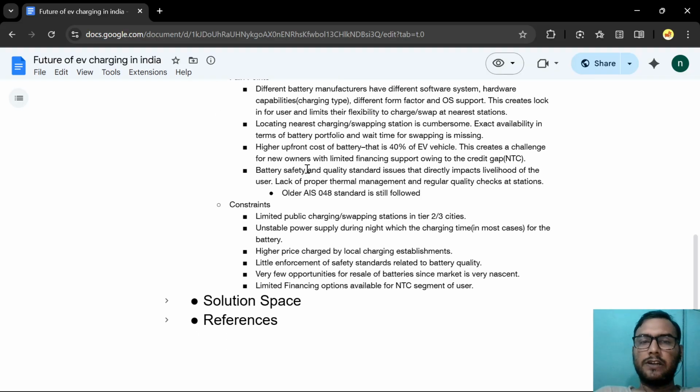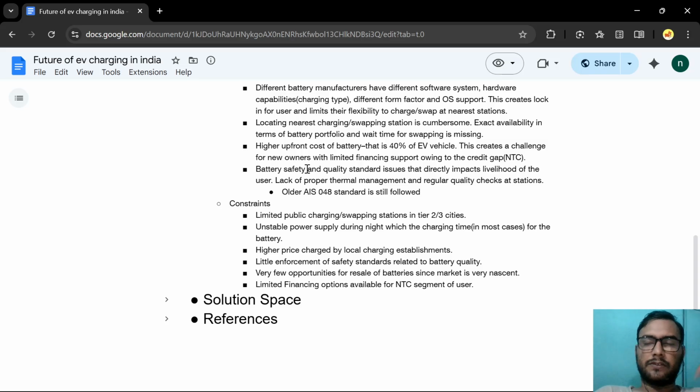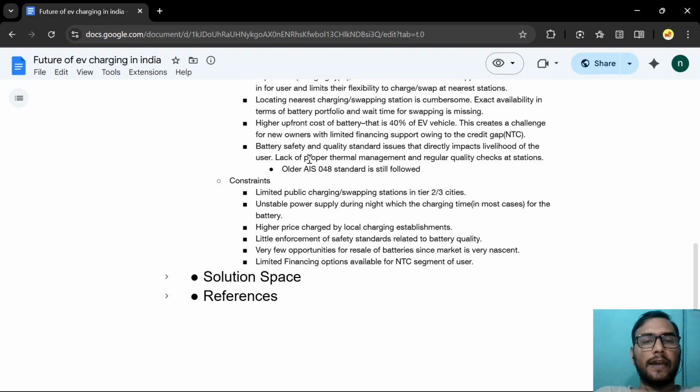And the second point is locating the nearest charging station: where is the exact location, what is the health of the battery, how much time it will take, what is the traffic over there, and things like that. And in the EV space, 40% of the cost is the battery.